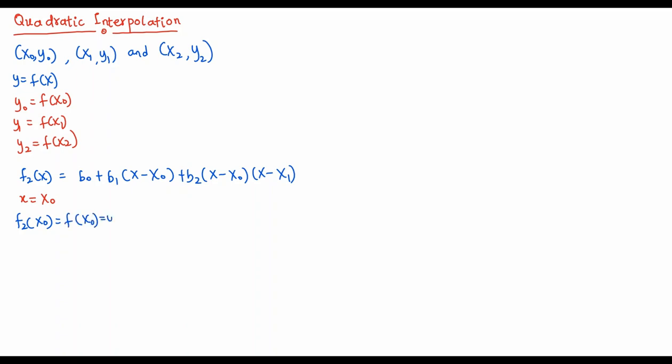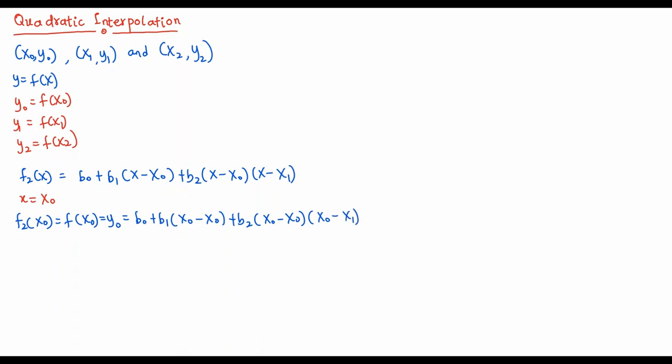And then that will be the same as y naught. This should be equal to b naught plus b1, and then wherever we see x we put x naught there. So we are going to have x naught minus x naught, right, plus b sub 2 multiplying x naught minus x naught, bracket close, multiplying x naught minus x1.